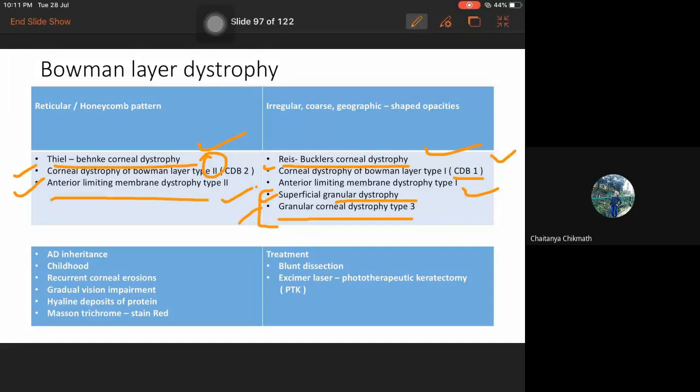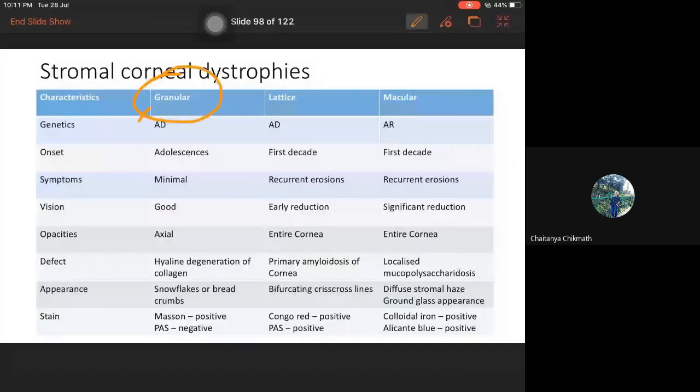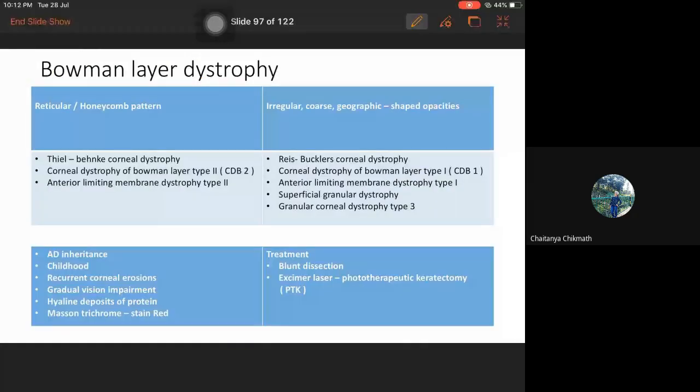This is the Bowman's corneal dystrophy. Granular dystrophy type 1 and type 2 are stromal dystrophies, while type 3 is a Bowman's membrane corneal dystrophy. Remember these points.